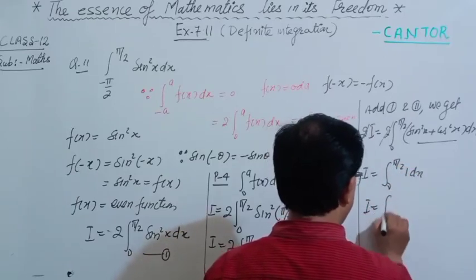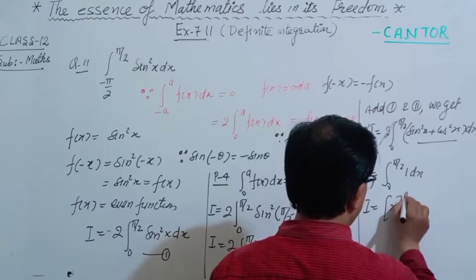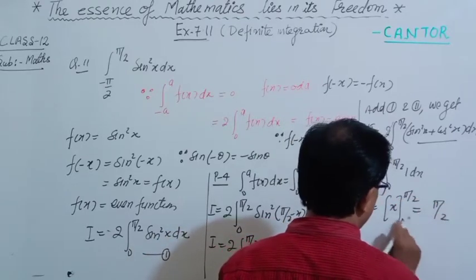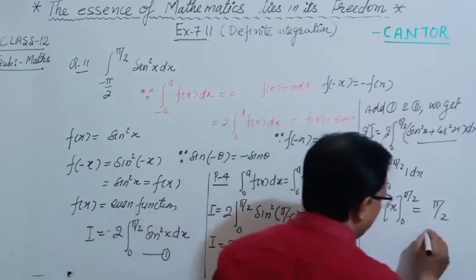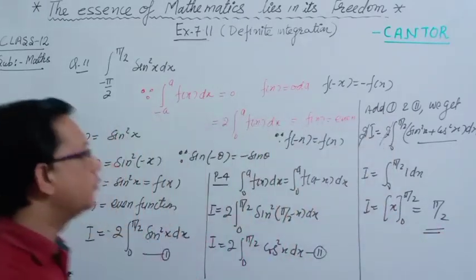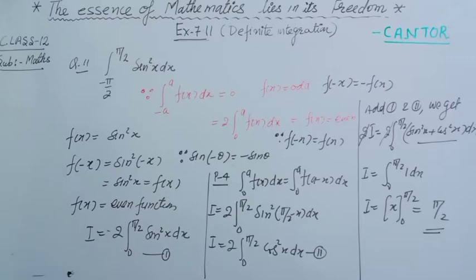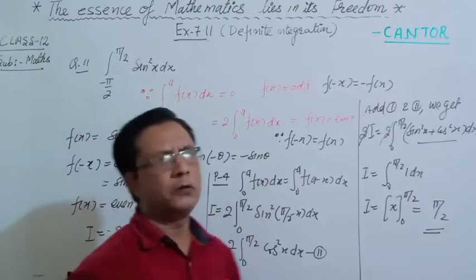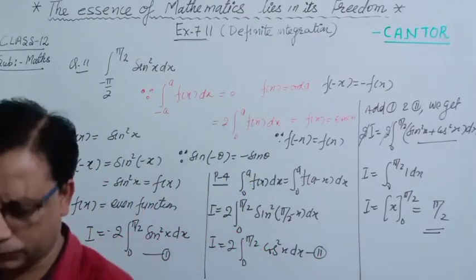The integration of 1 is x, so this is 0 to pi by 2. Now put the limit, we get pi by 2 because 0 becomes 0. So this is your final answer. So student, note down, a very good question based on property 5 and 4 both. This is your property 5 and this is your property 4. So note down, student.